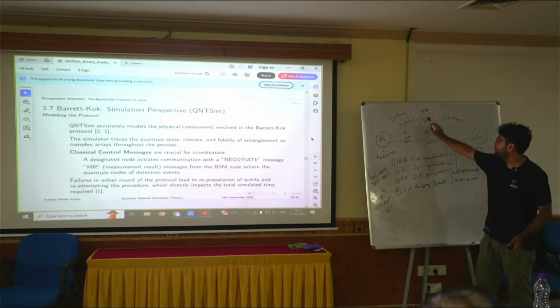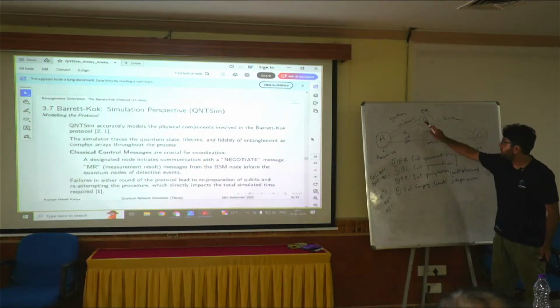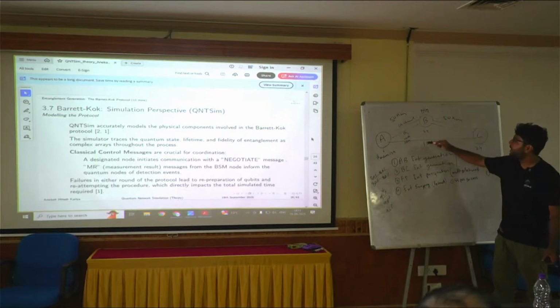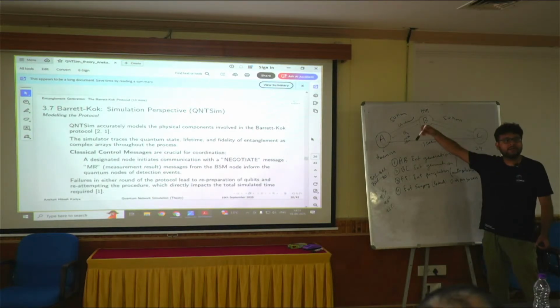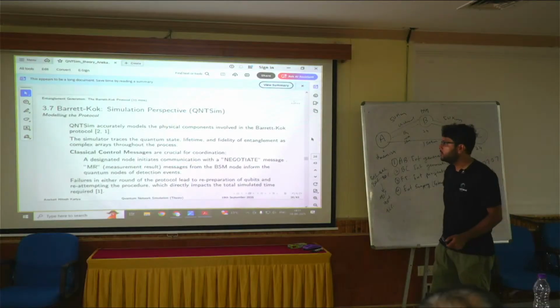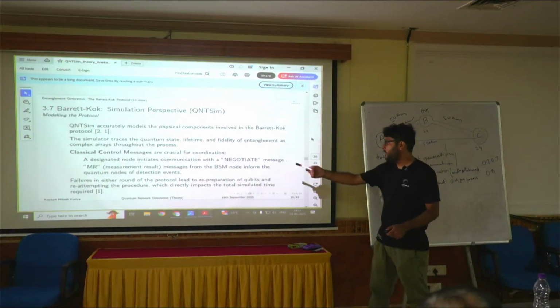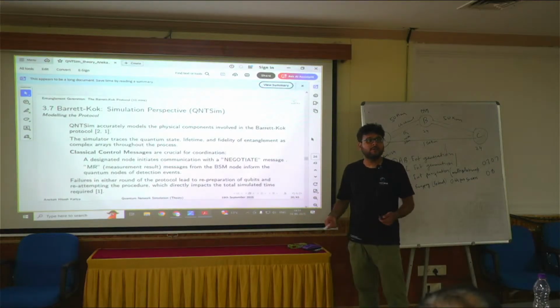When the BSM node does the swapping, it takes from A and C, measures, and sends results back. While sending back, it doesn't send A's result to A; it sends A's result to C and C's result to A. That is how it does the swapping. Again, there might be failure. If there is a failure, you re-prepare the qubit and re-attempt. This is what a simulator does.